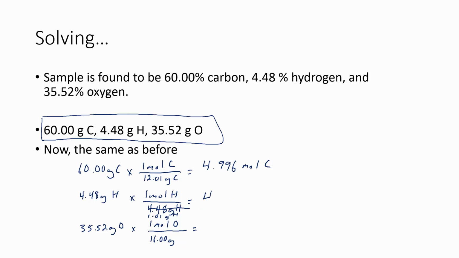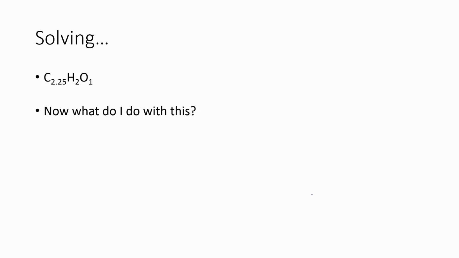So we have 4.44 moles of hydrogen, and 35.52 divided by 16 gives us 2.220 moles of oxygen. Good.